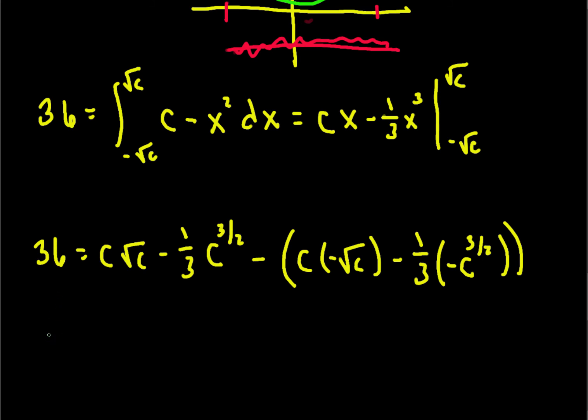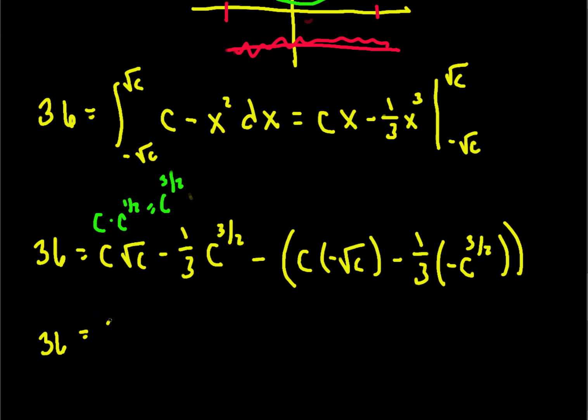So 36 is equal to c, well, let's just rewrite this. c times c to the 1/2 is equal to c to the 3/2. So I can simplify my algebra here. So this is c to the 3/2 minus 1/3 c to the 3/2.